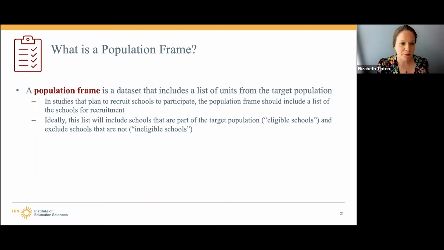So a population frame is actually a list of all of the schools that would meet the inclusion-exclusion criteria in the population we're interested in.